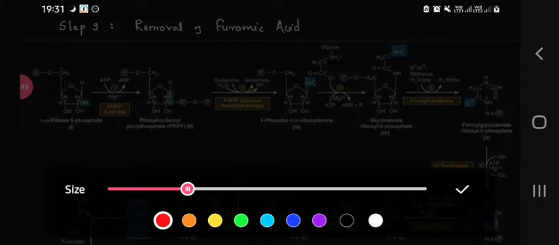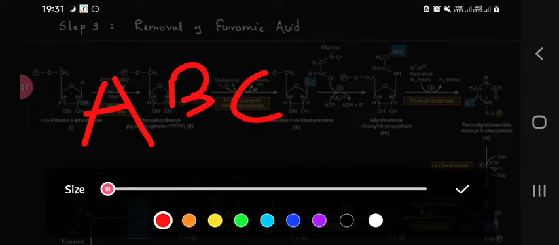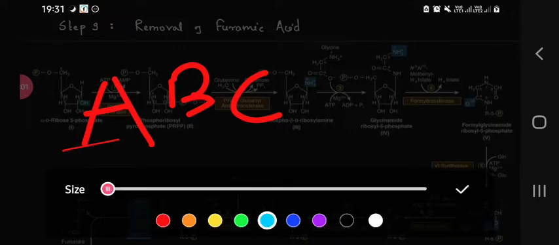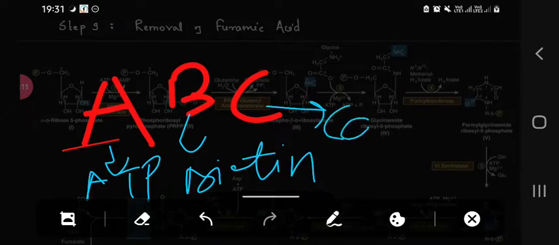synthetase, carboxylase and synthetase. So one trick is like this: A, B and C. Whenever there are these terms, then what we can learn is A for ATP, B for biotin, and C for carboxylation.